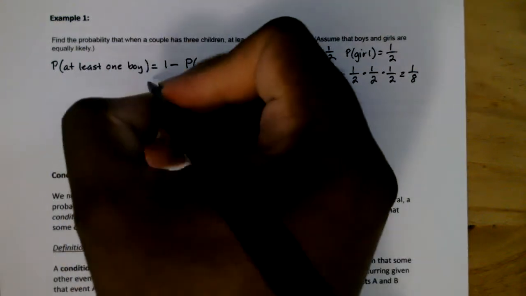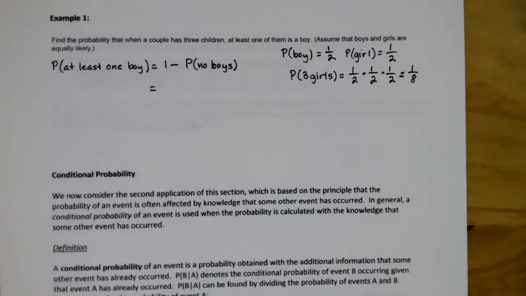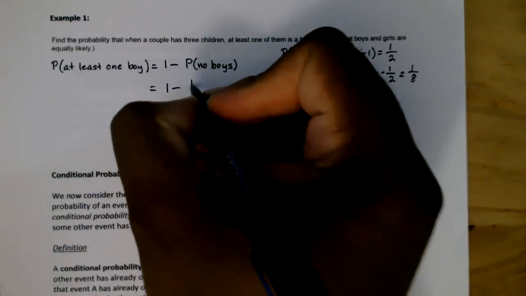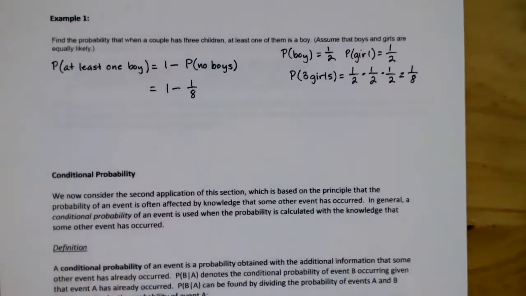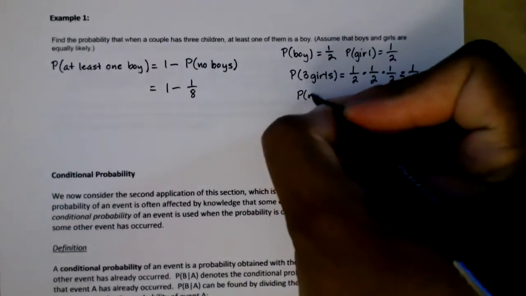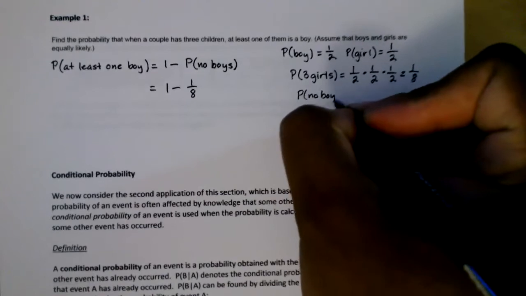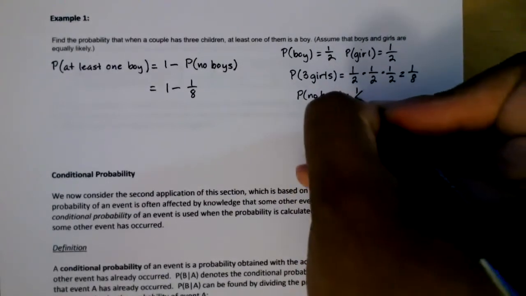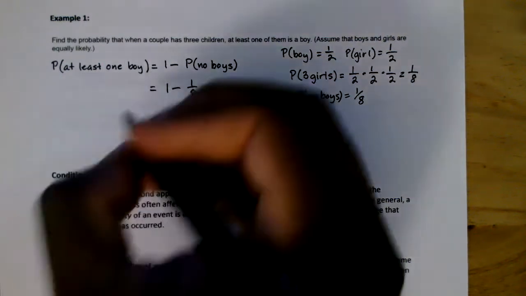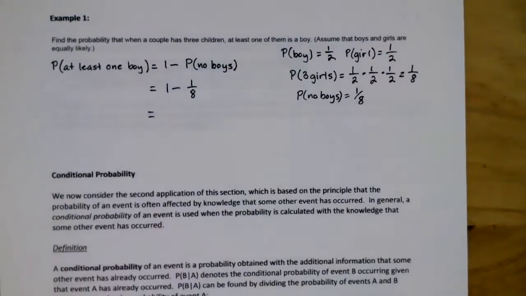So here we can use this 1 minus the probability of no boys. So it'll be 1 minus 1/8, because that 1/8 is also the probability of no boys. Now we need to subtract 1 whole minus 1/8.